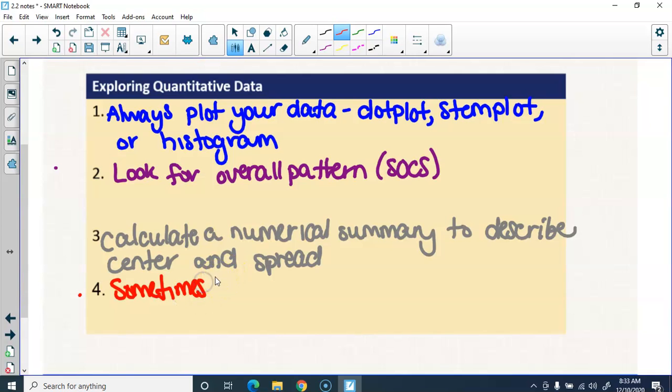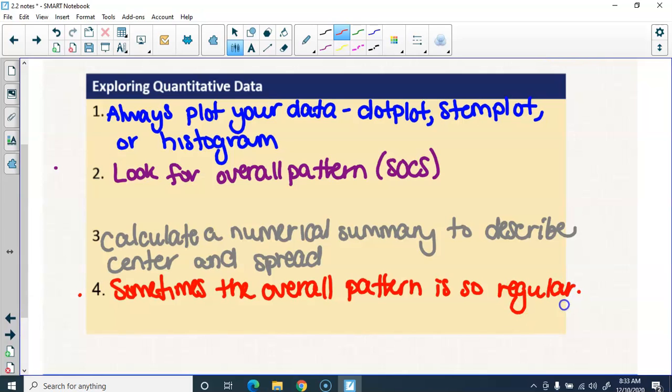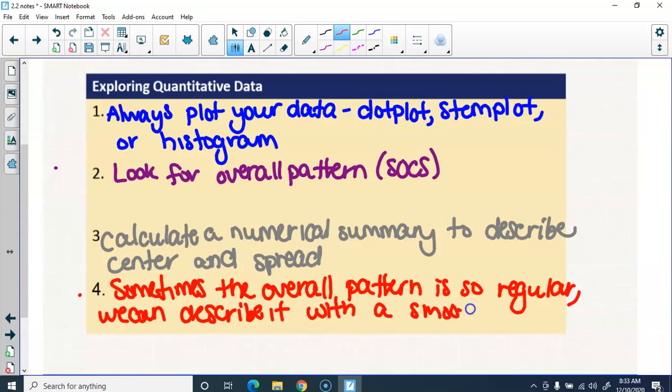So we'll summarize that by saying sometimes the overall pattern is so regular we can describe it with a smooth curve, which is what a density curve is.